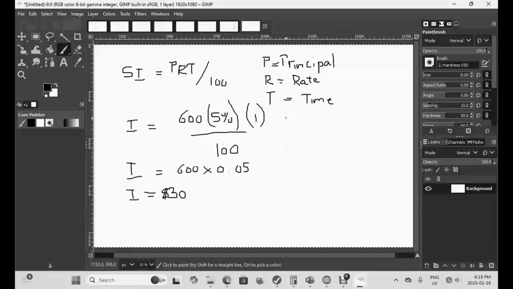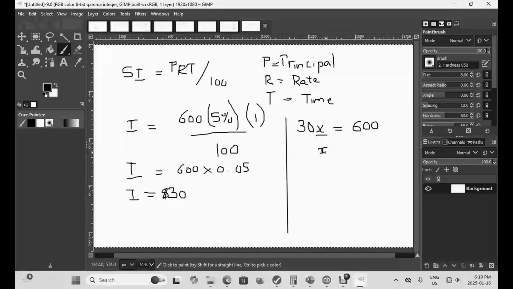Now, in order for you to turn this $30 into $600, you will need to wait x amount of years before you withdraw money from your bank, for example. So we know that 30x equals 600, but we don't know what x is.